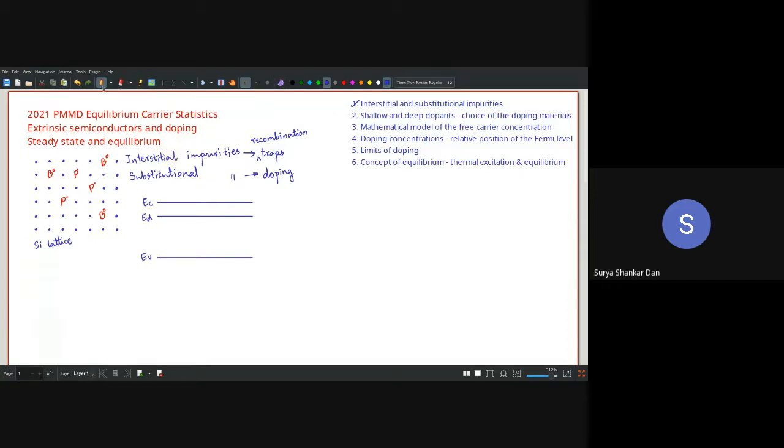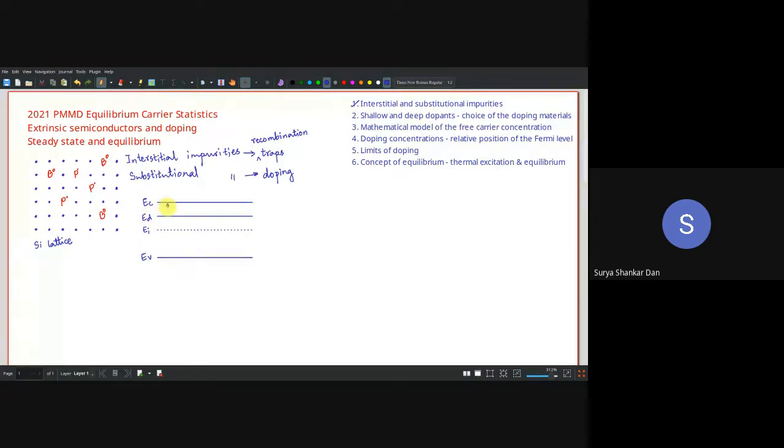Now, one very fundamental question which I would like to ask you is that, remember, your EI is somewhere in the middle. This is your EI, that is the intrinsic Fermi energy level. Since ED is a donor, it will be much easier to ionize that atom, isn't it? So ED is definitely going to be higher than EI, closer to EC, so that the energy required to ionize this donor will be very less.